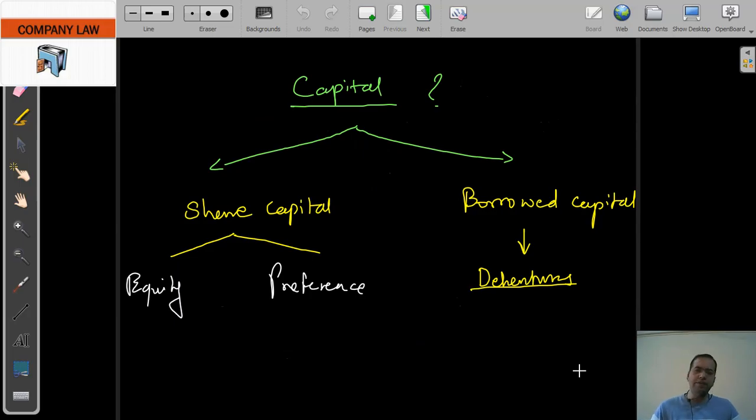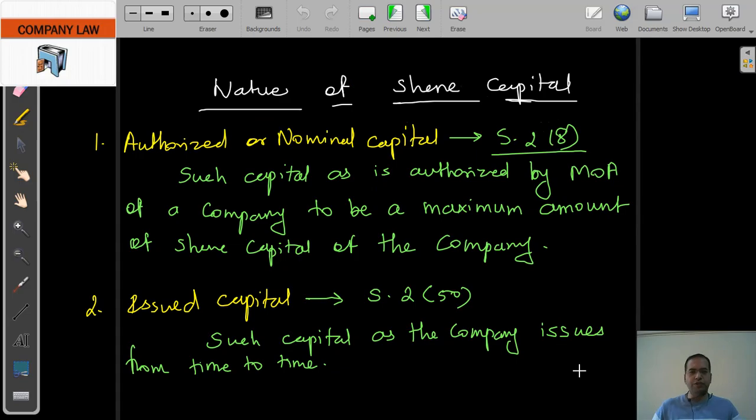We have not started with the equity or the preferentials, but we are going to start. First we need to understand the nature of share capital.